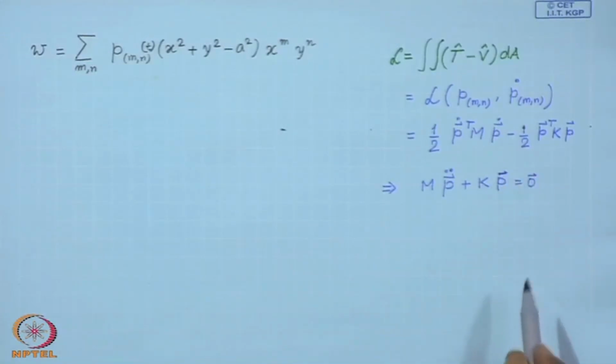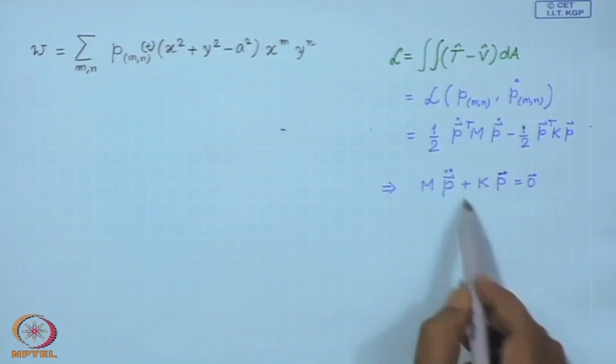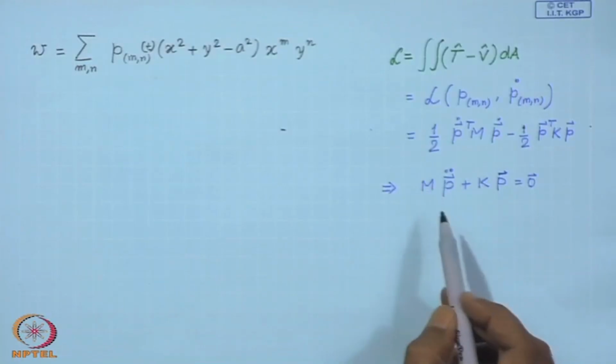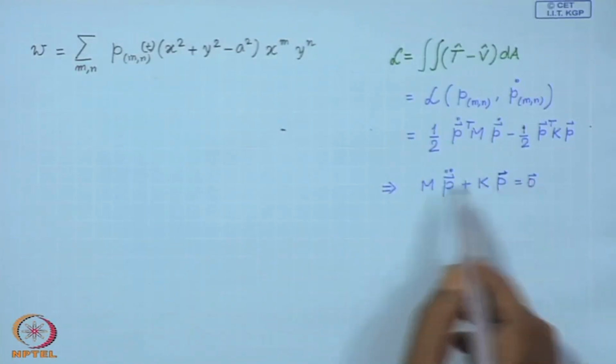So, that is straightforward. So, these are the mass and the stiffness matrices of the discrete problem.